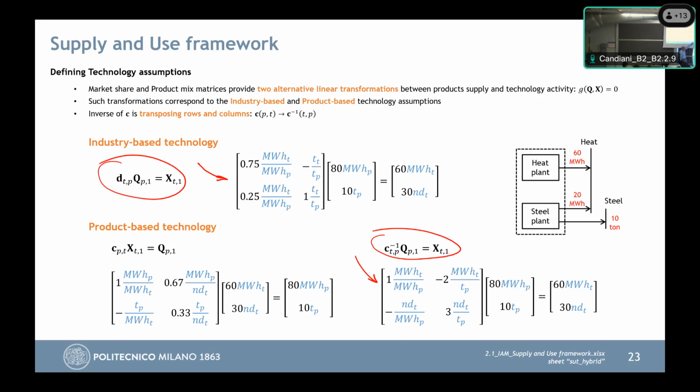So in case you are looking for 1 extra ton of steel, this is saying that the steel plant is producing 3 units of activity, so not just the ton of steel, but also the 2 megawatt hours of heat. But there is also a -2 here. So whenever a ton of steel is demanded, there is also a reduction in the production of heat by the technology that is producing heat as a primary product, so the heat plant. So you got the meaning of the numbers.